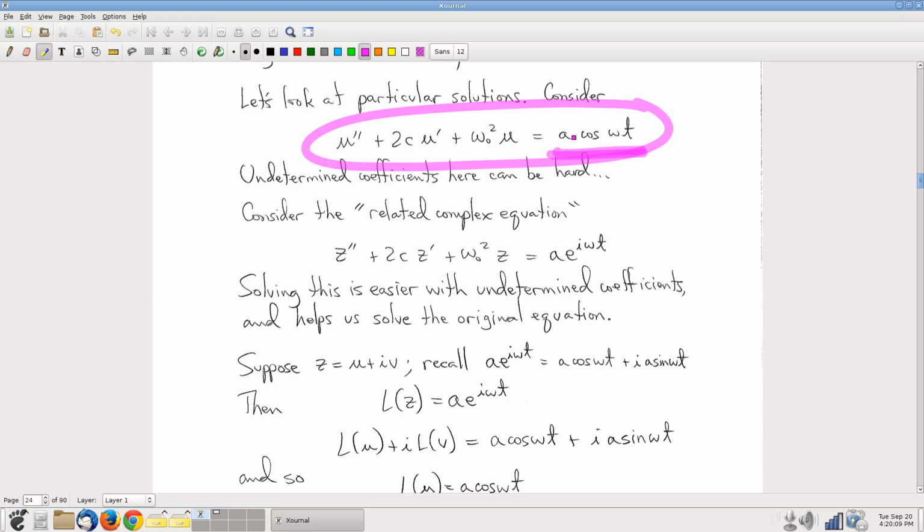When you have a right-hand side that has trig in it, very often you can view that as being the real portion of a complex valued function that, while complex, is actually simpler to work with. And if you solve that related complex equation, then you can interpret a solution to the real equation.